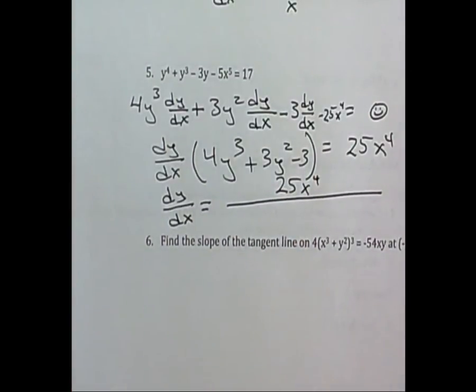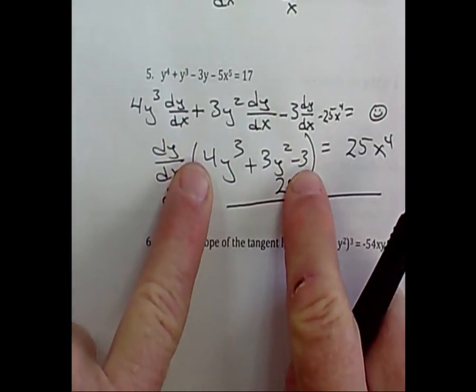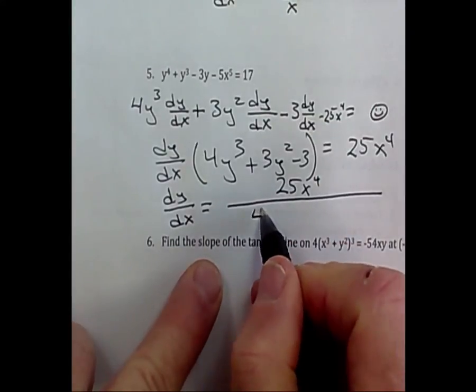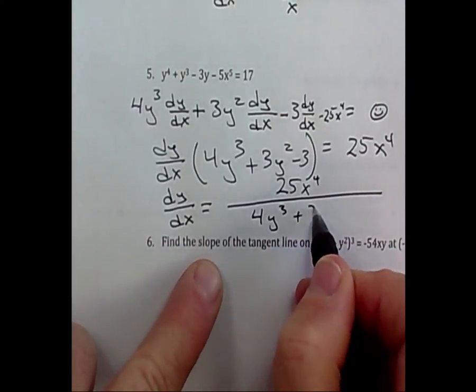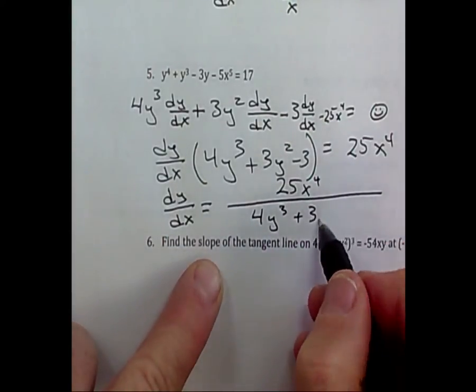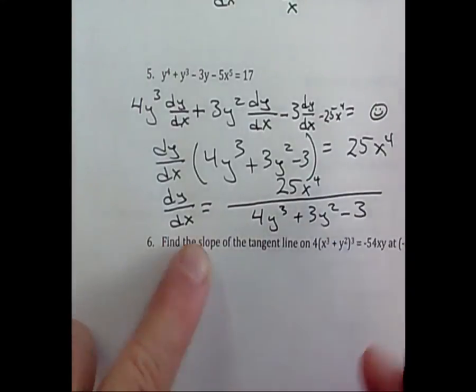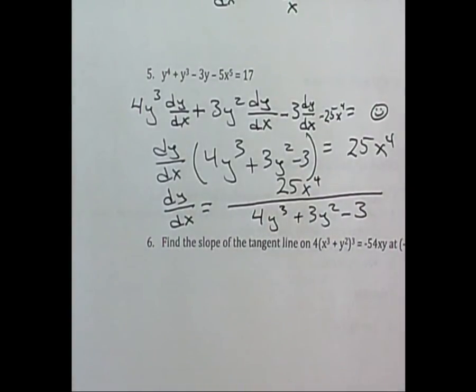Would you agree with that, Elijah? Yes. And then I would divide by this quantity. And so on the bottom I would have 4y cubed plus 3y squared minus 3. And the purpose of that thing is to find the slope, and I would need to know x and I would need to know y, correct?